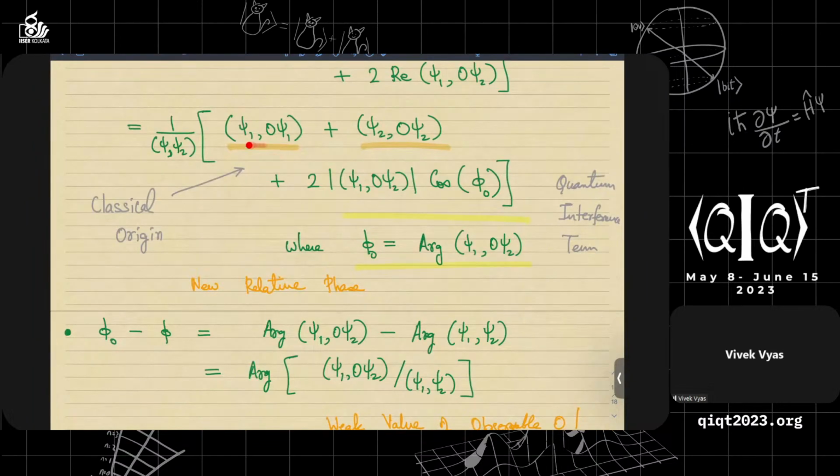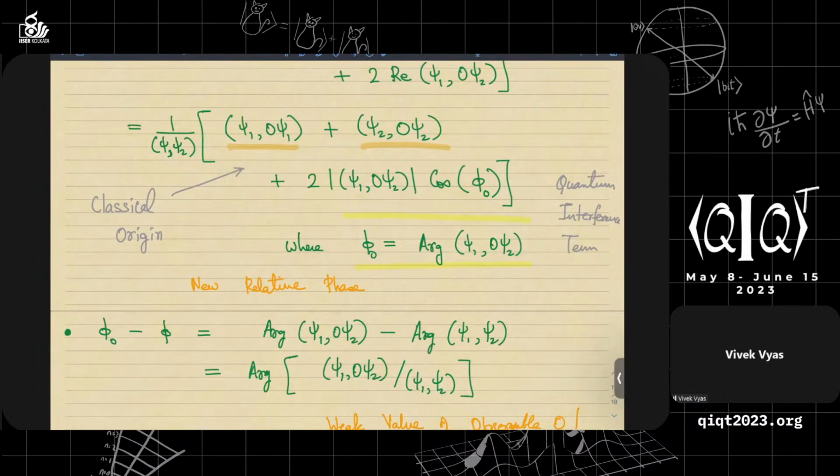One term is the average of O in state psi1, the other is the average of O in state psi2, and then you have again a cosine term of an angle. This angle is now different from the earlier angle that we found, because there is an O sitting in the inner product.